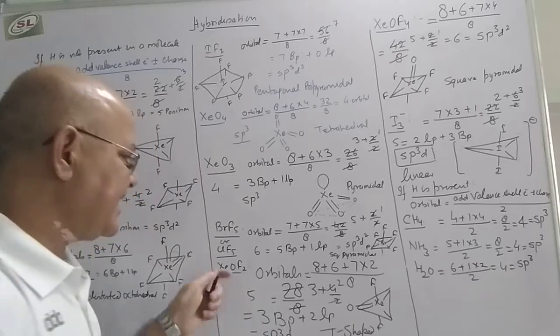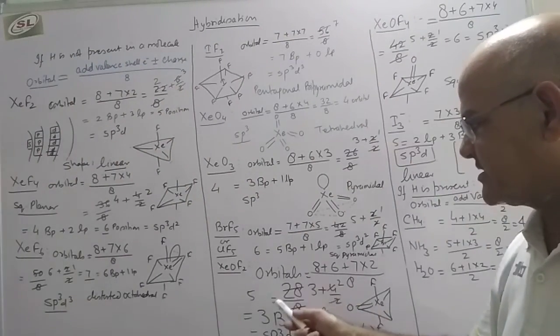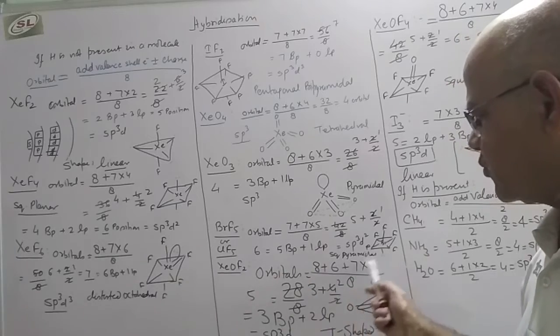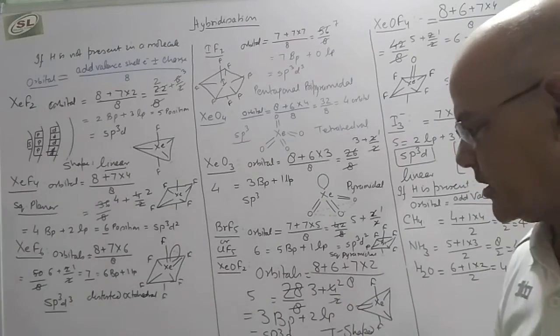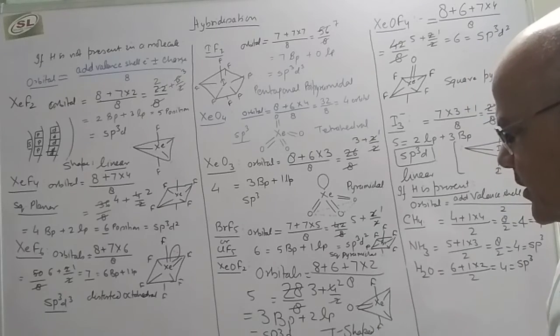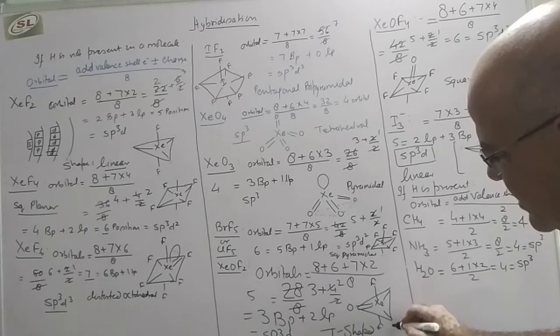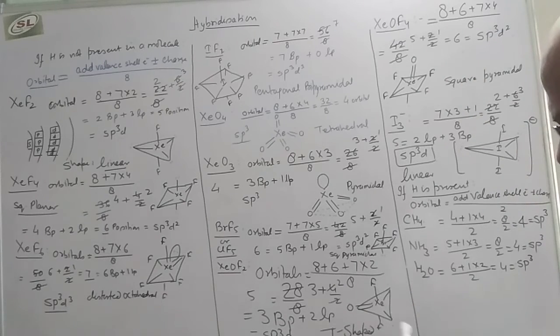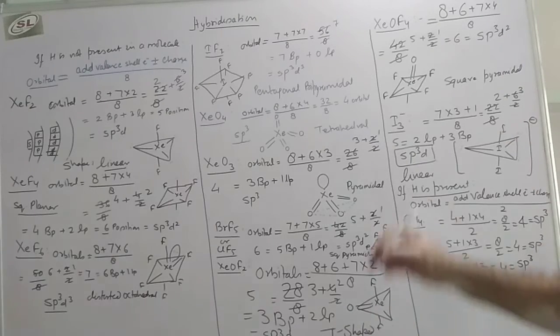The same you can see in XeOF2. Xe having 8, oxygen having 6, 7 into 2, it will come 3 bond pairs and 2 lone pairs. So it will be sp3d and the geometry will be T-shaped, as 2 lone pairs will come on equatorial positions and fluorine on axial positions, and 1 oxygen is also in an equatorial position.